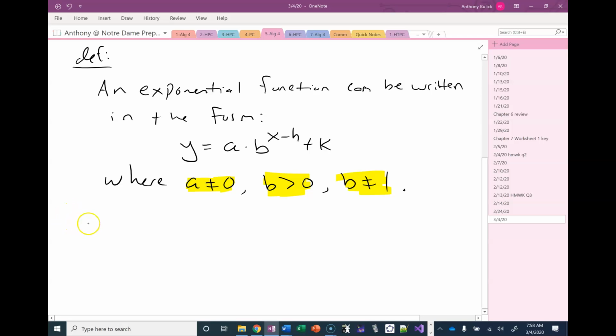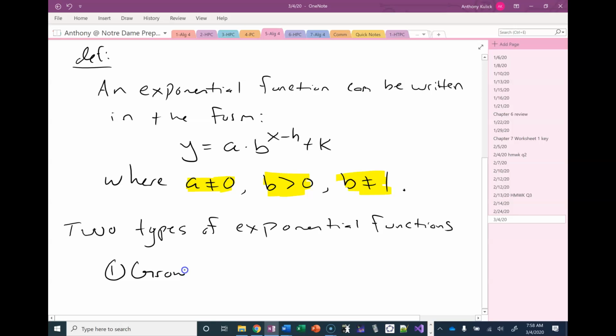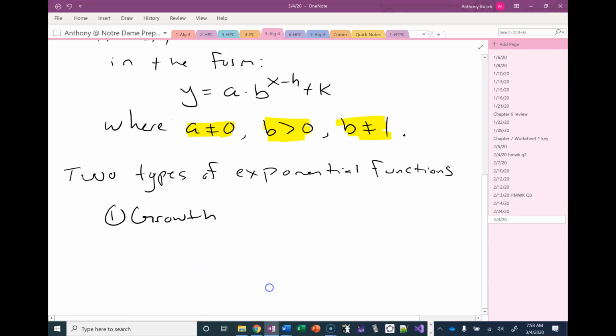So there are 2 types of exponential functions. There are exponential growth functions and exponential decay functions.